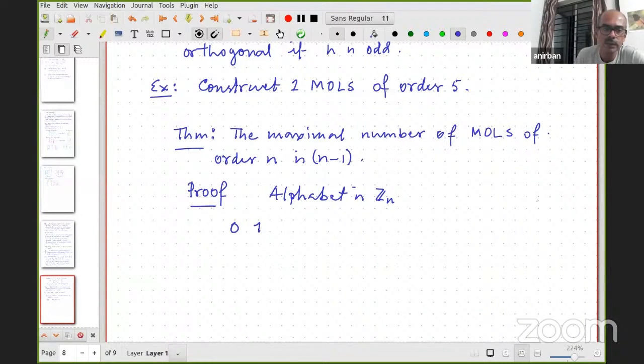We just start with the first row, 0 1 2 to n minus 1. Now what do we choose here? So these places.